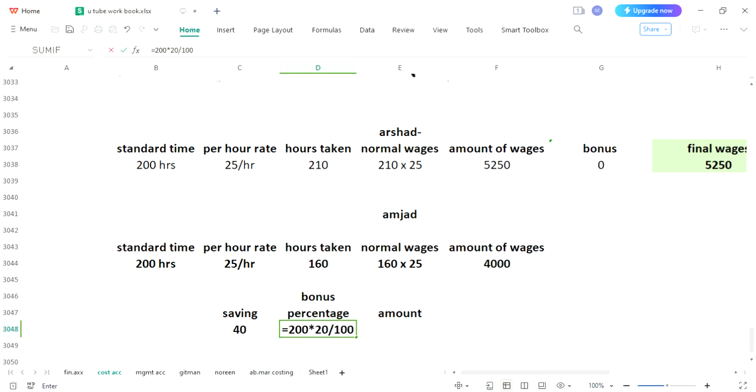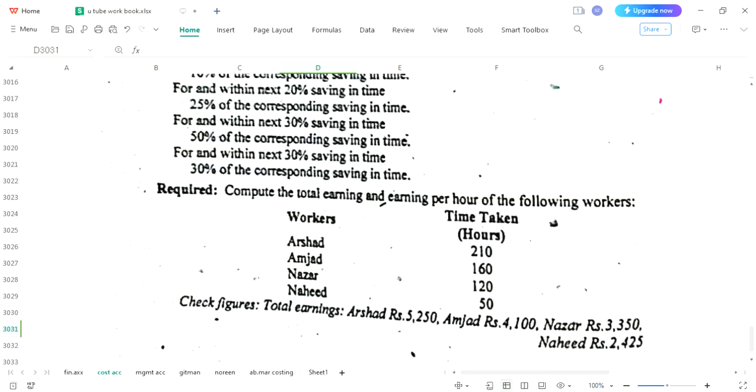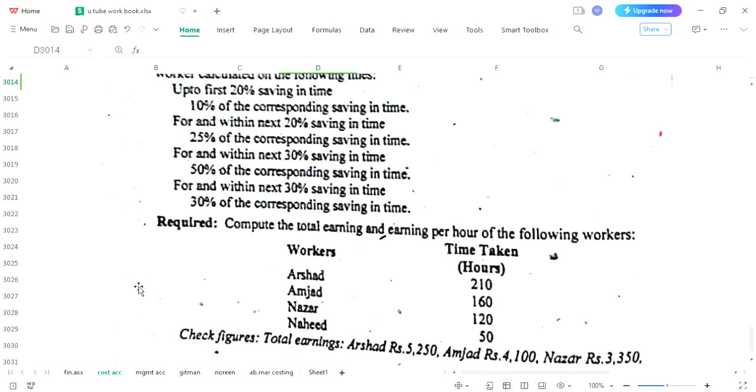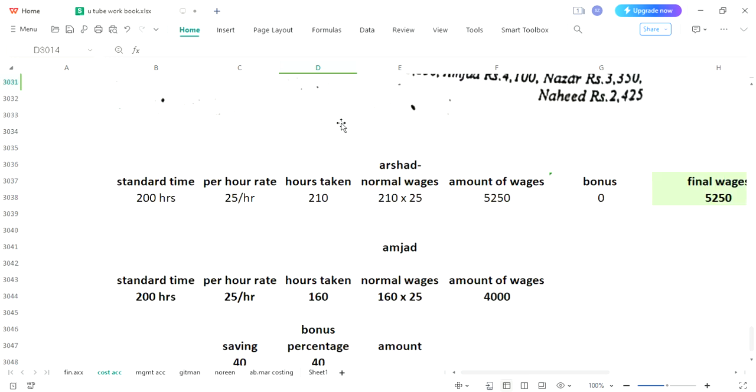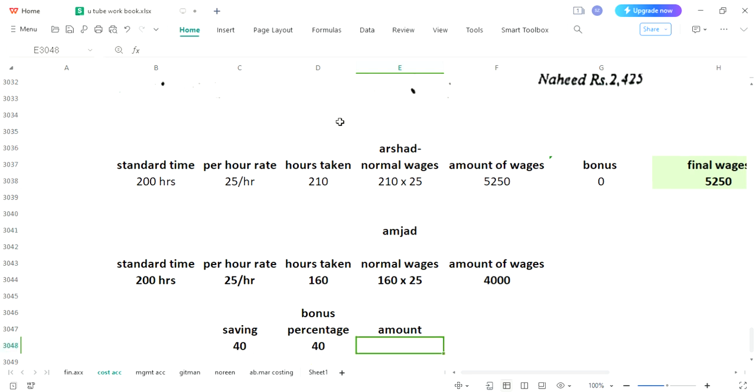Please note it down. So first 20% saving is 40, and how much would be given as bonus? For the first 20% saving in time, 10% corresponding saving. So here you will calculate 10% of this corresponding saving: 40 multiplied by 10 divided by 100.